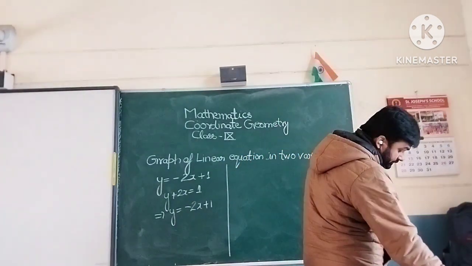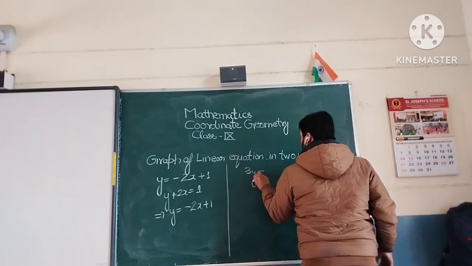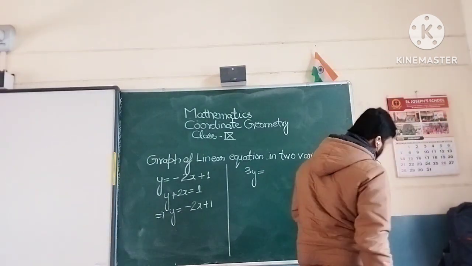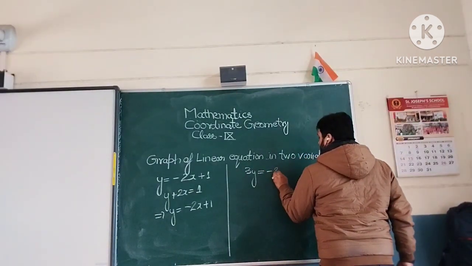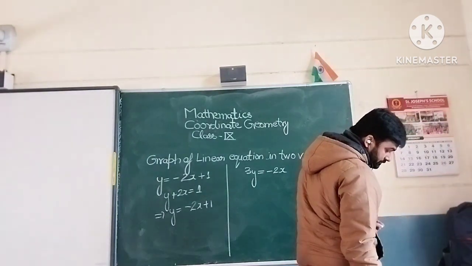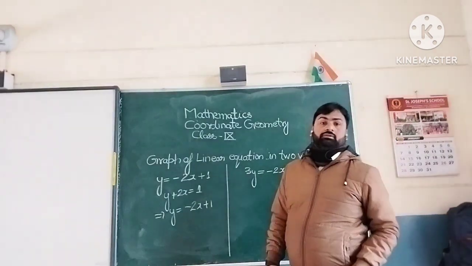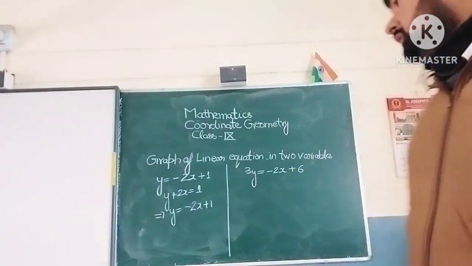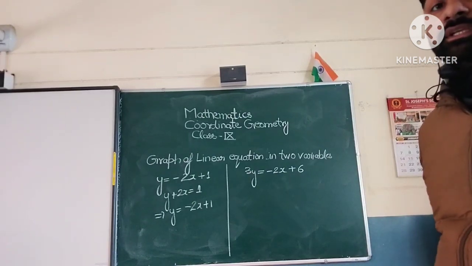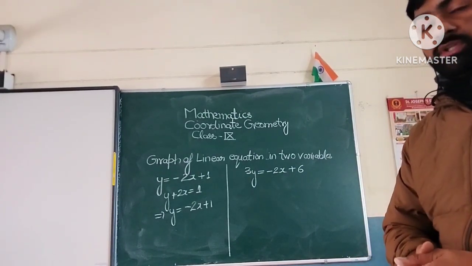I'll give one more example where y is not the subject of the formula. Suppose it is 3y is equal to minus 2x plus 6. Now children, you can say, now sir, y is the subject of the formula. I agree totally.